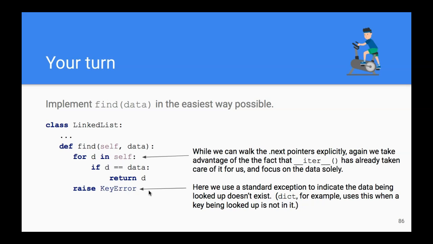It's kind of a standard way of indicating that the data being looked up is not in a data structure. So this is used, for example, in Python's built-in dict: when you're trying to look up a key and that key doesn't exist in the dictionary, it actually raises the key error.